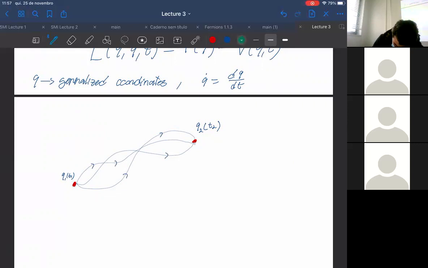But there is one path that is the optimal one, the real one, the one that minimizes this action. This is what we typically call q real, a function of t, whereas the other ones are different: this is path A, qA(t), this is qB(t), and so on.